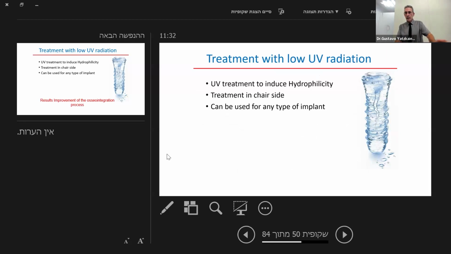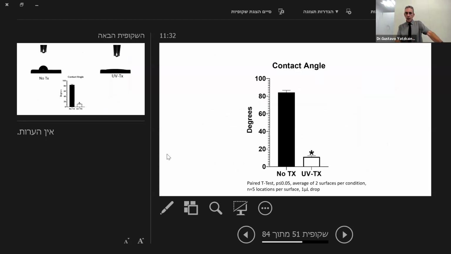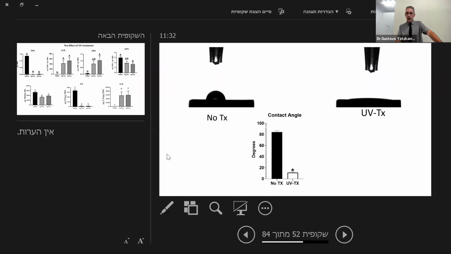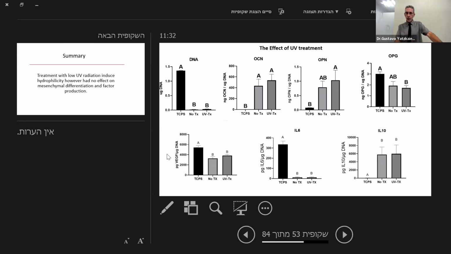The same thing: the goal was to see the change from hydrophobic to hydrophilic and to see if there is an improvement in the osseointegration. Here we can see that the drop was less than 10 degrees, a very hydrophilic surface. As we can see in the upper right part, the drop is totally shallow, but the problem is that in some markers, such as osteoprotegerin, it decreases, not increases.